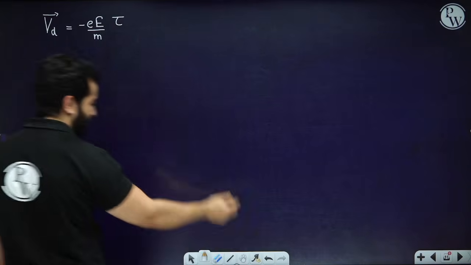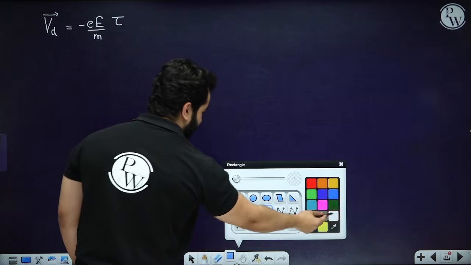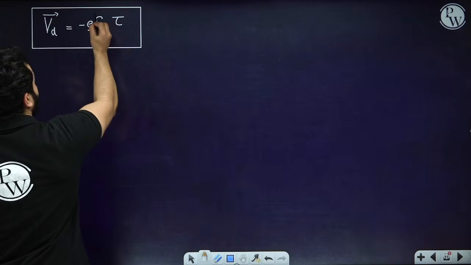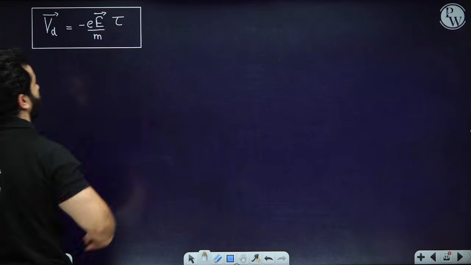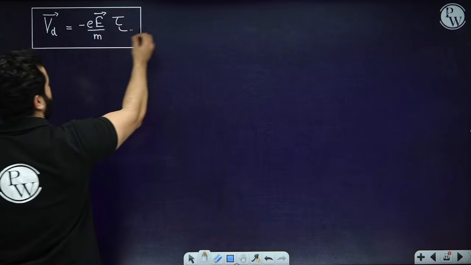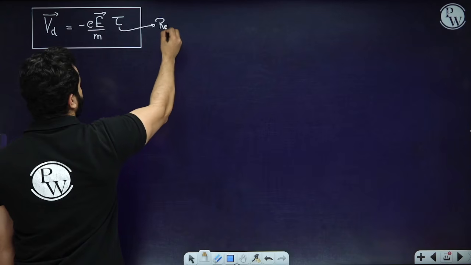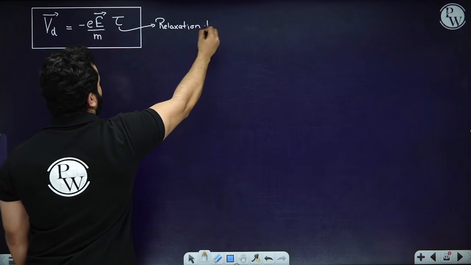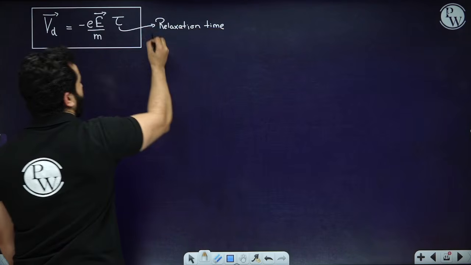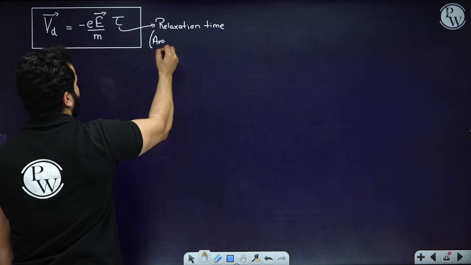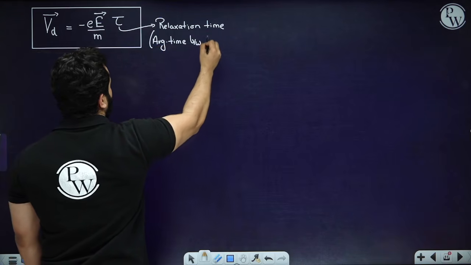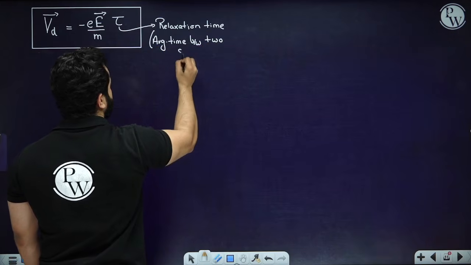You must have seen this formula, so that's why I've directly written it. Over here, tau is called the relaxation time. That is the mean time between two collisions, or the average time between two successive collisions.